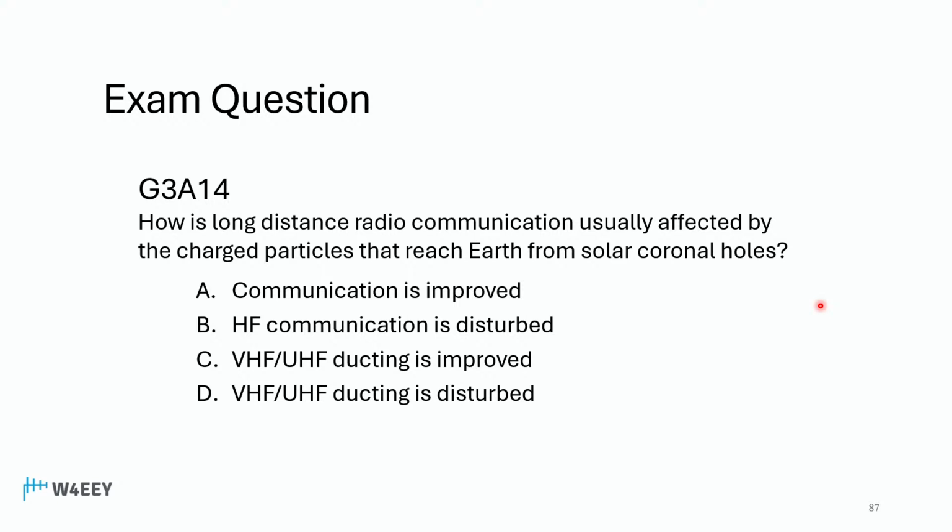How is long distance communication usually affected by the charged particles that reach the Earth from the solar coronal holes? Bravo. Well, it's Bravo. Remember that the word disturbed. Anytime something bad is going to happen, something is going to be disturbed. That'll help you with 3 or 4 pool questions.